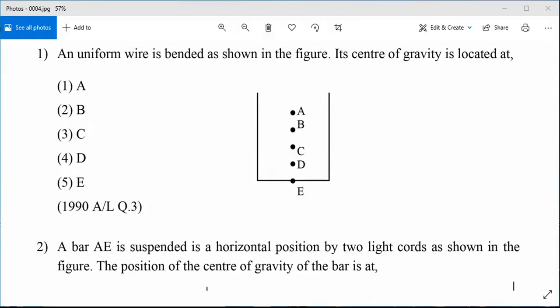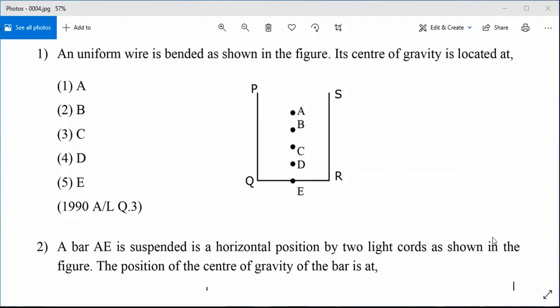Another method. If I name this rod as P, Q, R, and S, then how do you find the center of gravity of the PQ rod?